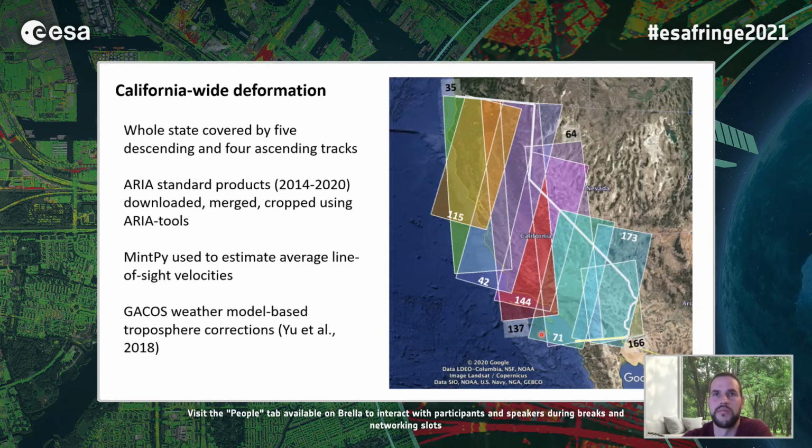Knowing that some of the processes might be nonlinear, of course, we're looking really at the long-term rates. We also did all the corrections using the GEICOS model, and very much appreciate providing these corrections because we did not use the on-demand system. It was specially generated for us. Next slide, please.